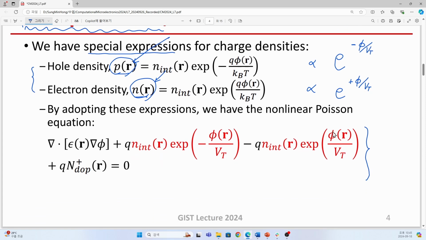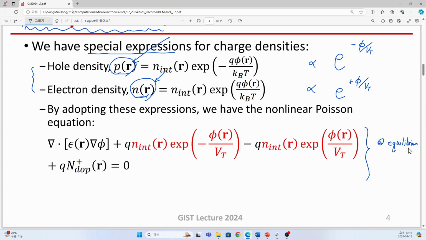So although it looks beautiful, this is valid only at equilibrium. Please do not forget about this restriction.